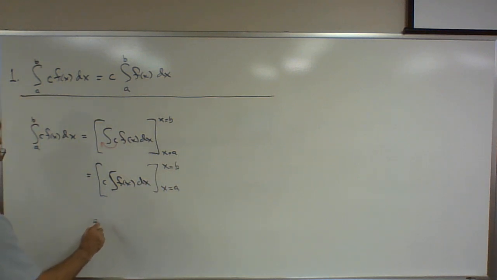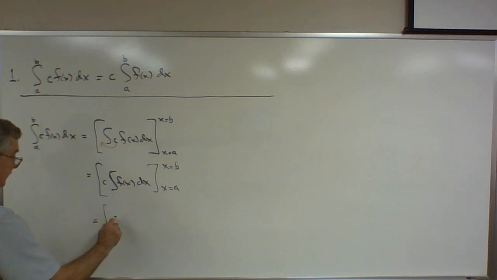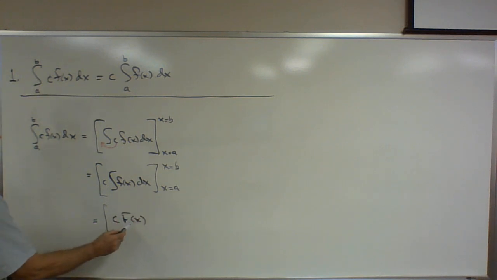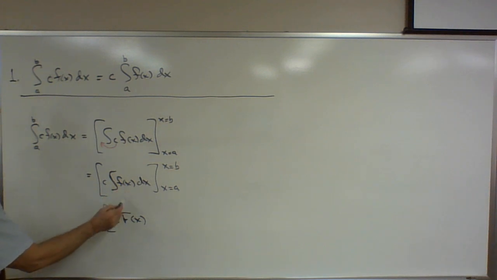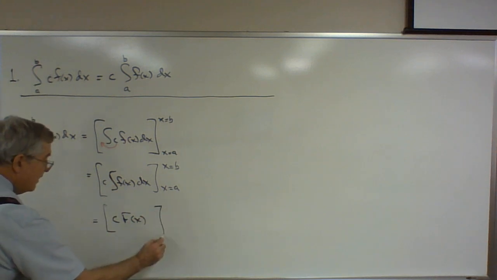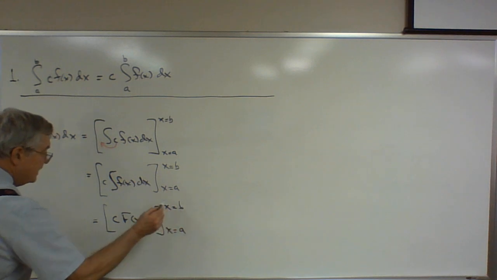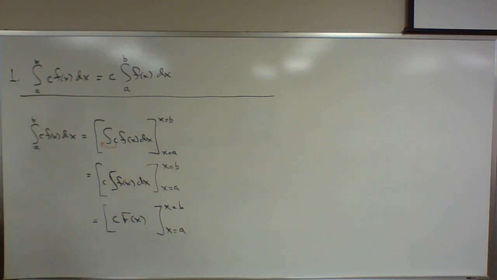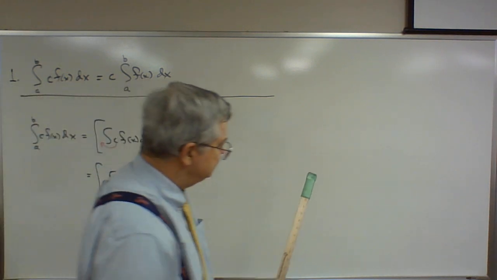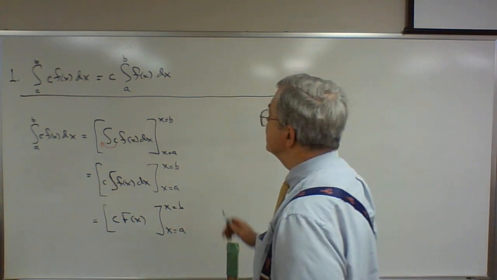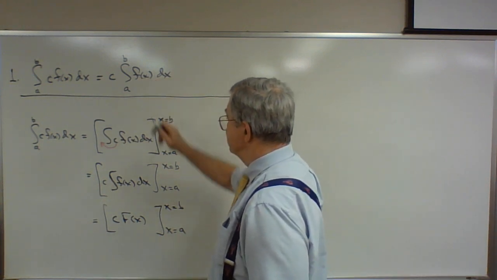And that's equal to c F of x, where F of x is the antiderivative of little f of x, any antiderivative of little f of x, evaluated at x equal a to x equal b. Okay. Now, let's try the same thing with this.